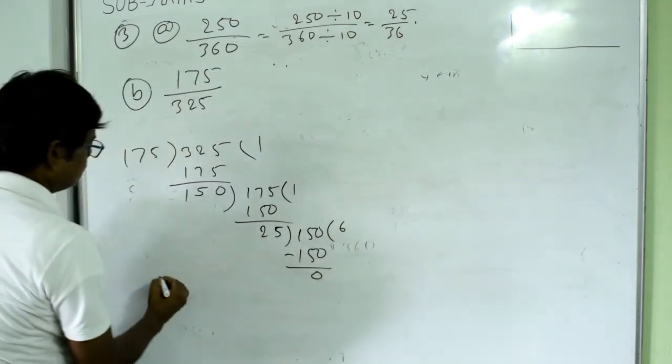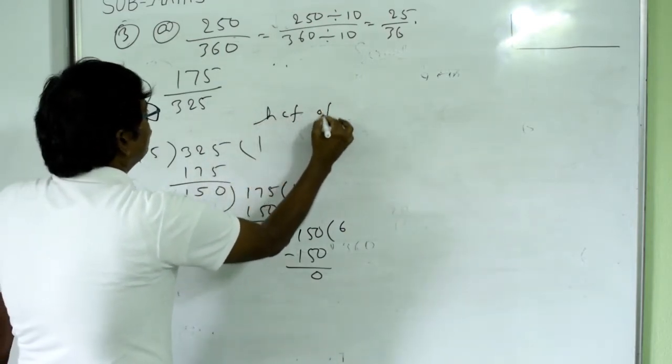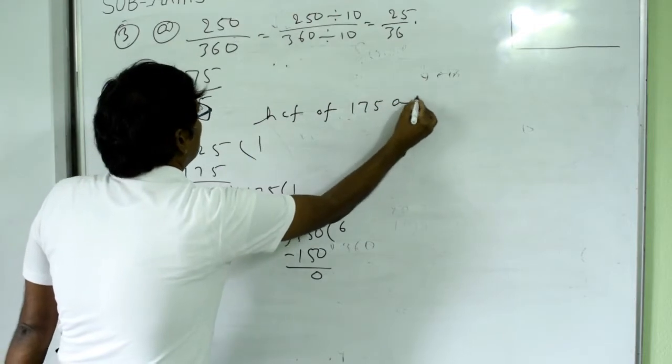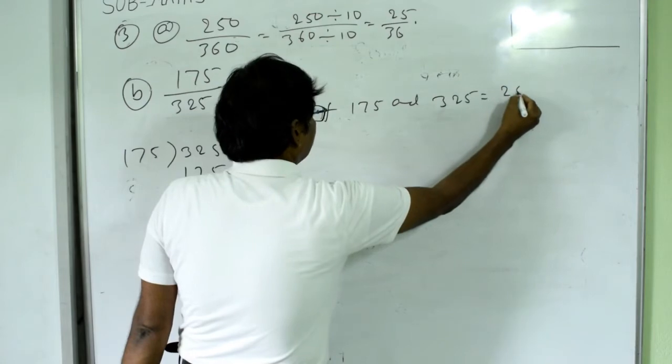So here the HCF is how much? The HCF of 175 and 325 is equal to 25.